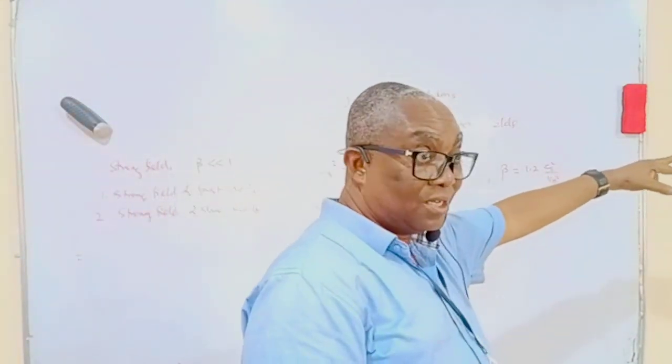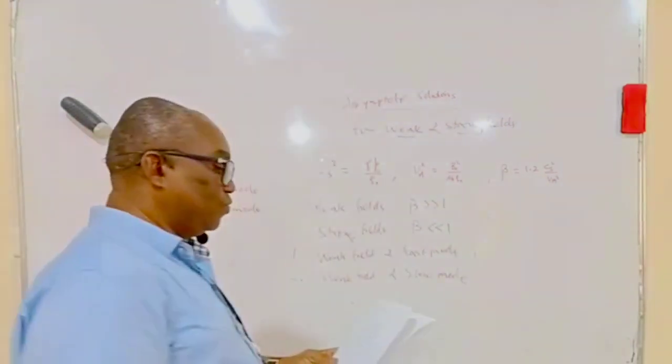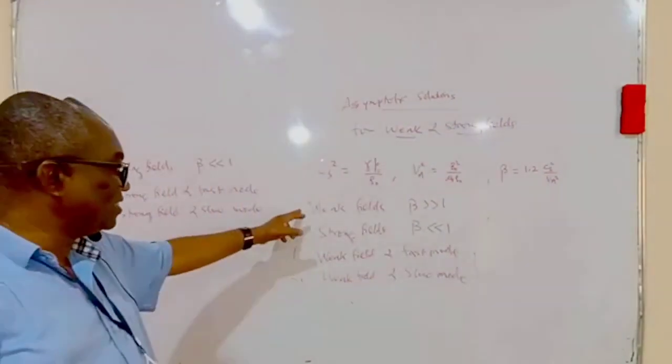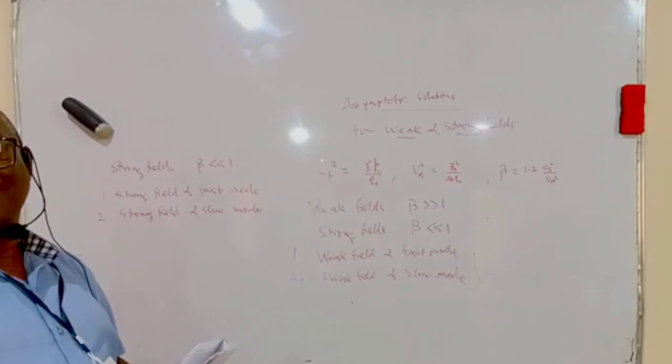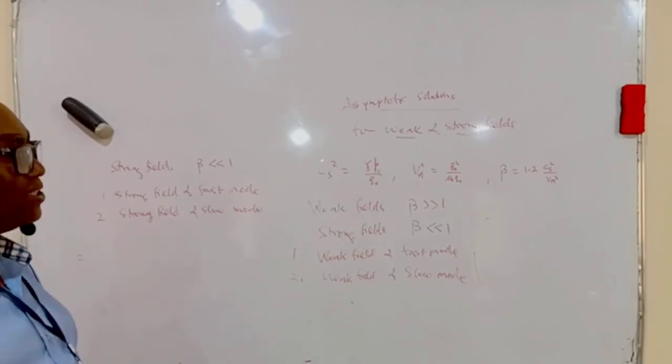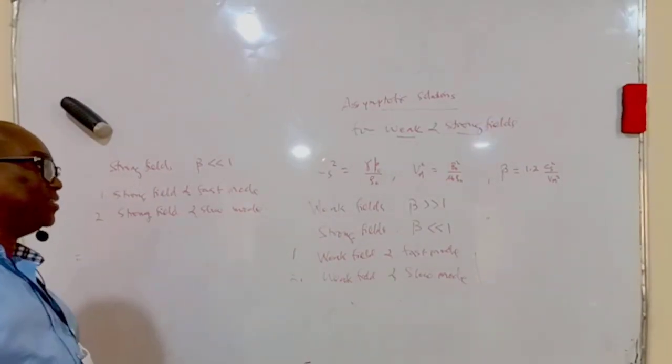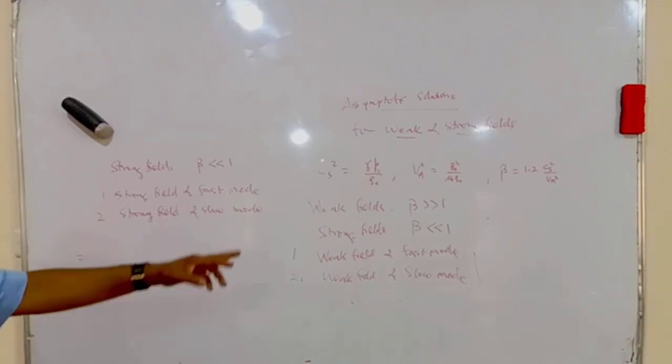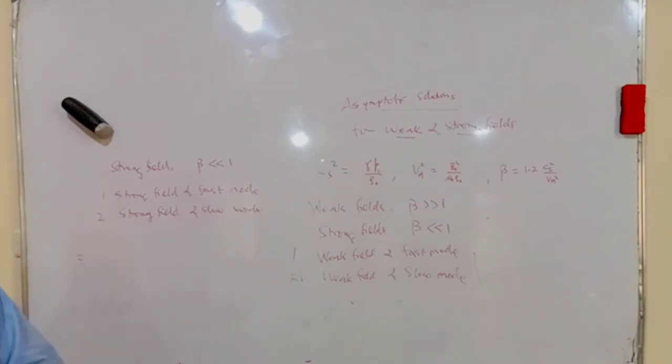Now, we will start with weak field. What happens with weak field? The plasma beta must be what?